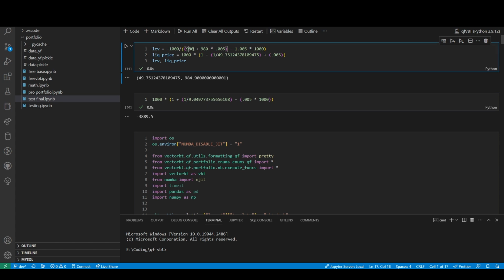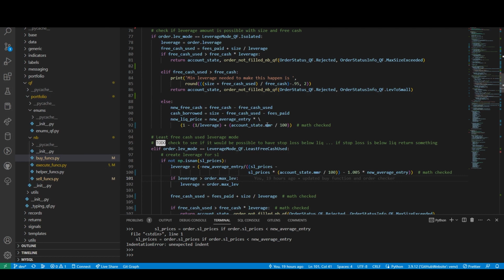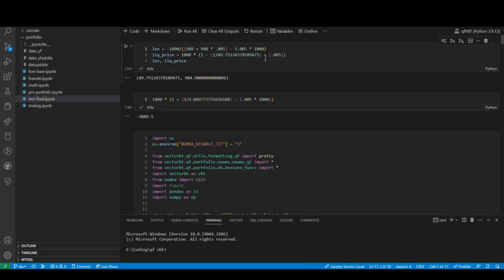If my stop loss is 980, wait a minute. I didn't know that you just do, because I just looked at this. And it's just this right here. I was doing something else. So this is saying 984, but it needs to actually be lower than this. What if this was like 50?